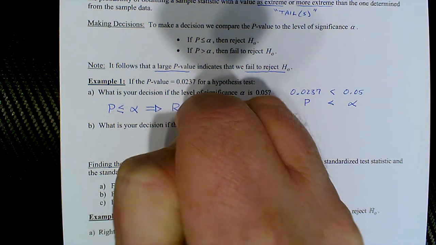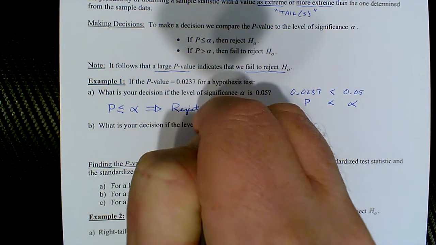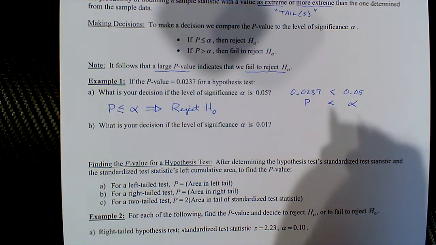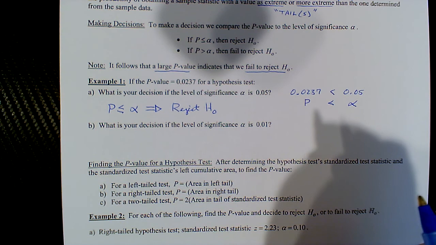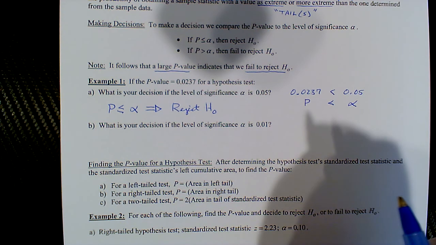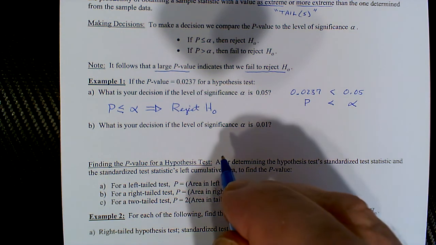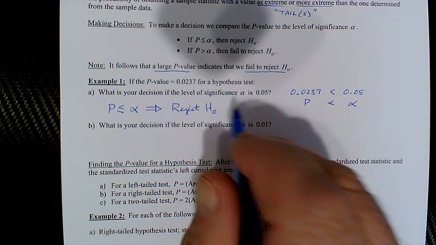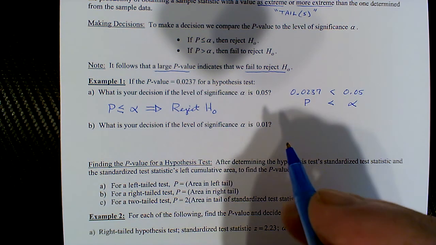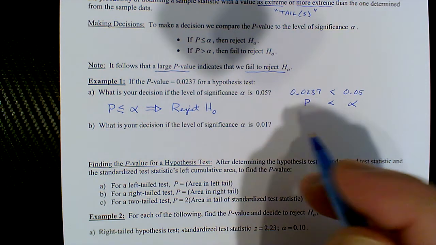And don't just say reject, make sure you always say reject H0, the null hypothesis, because the whole premise of hypothesis testing is that we're assuming that the null hypothesis H0 is true. So that would be our decision for alpha being 0.05.